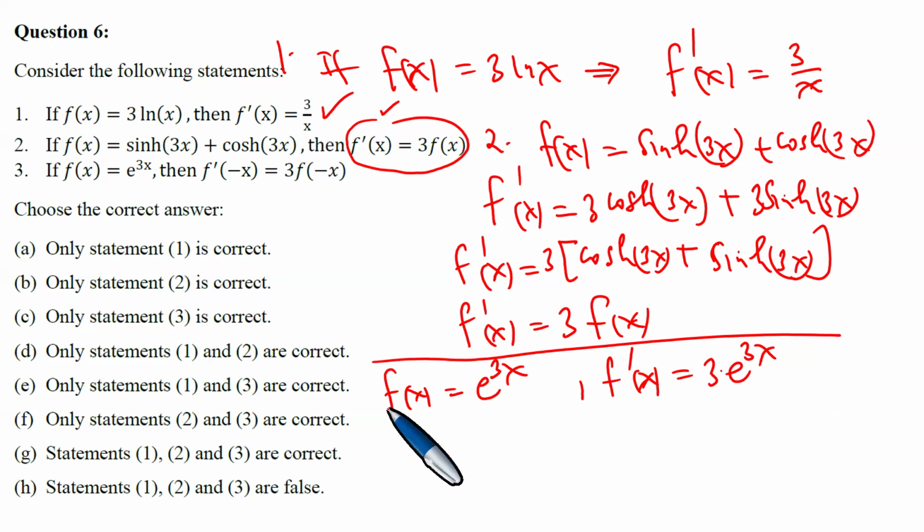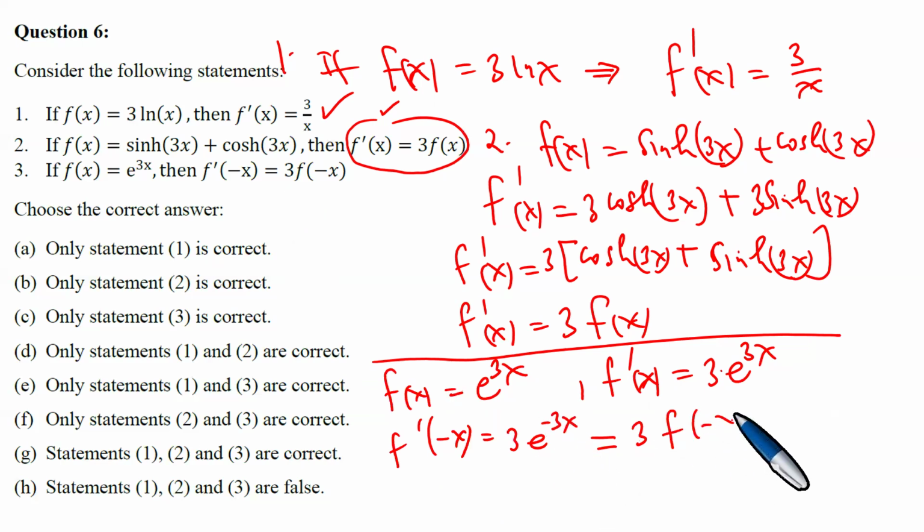Then you need to say f primed of minus x, which is actually minus 3x in this particular way. And indeed, we agree that it is 3. And now we can see e to the power minus 3x is f of minus x. As a consequence, we recap on this, and we see that all of them are correct.